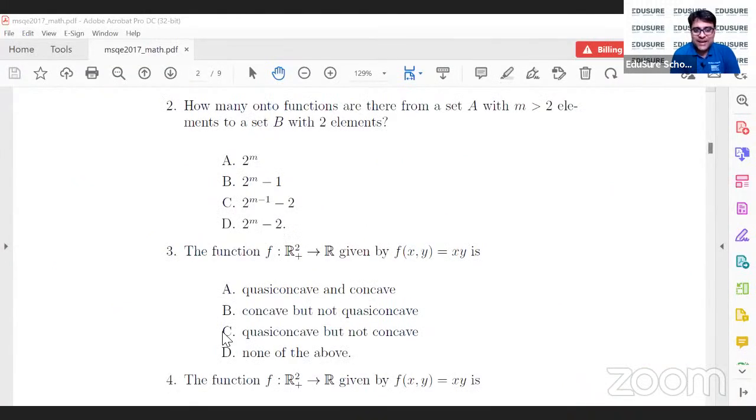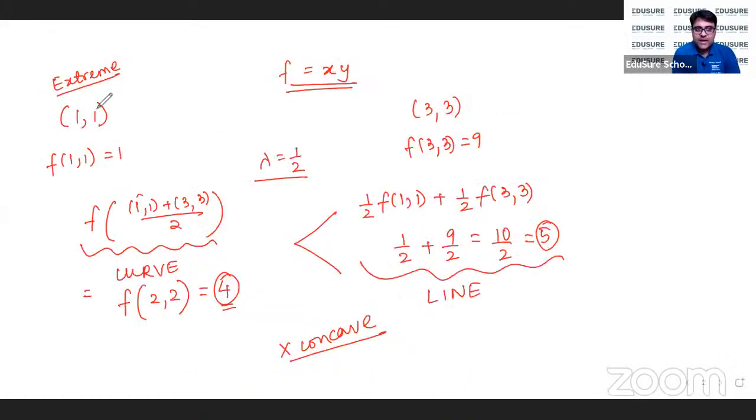जो मुझे एलिमिनेट करना है ये दो ऑप्शन से मैं एलिमिनेट उसको कर लूंगा. So the function is quasi-concave, but it is not concave. This is my answer. Again, एक एक्सट्रीम एग्जांपल लूंगा, उसमें से एक ऑप्शन either concave और convex दोनों में से एक को एलिमिनेट करूंगा.